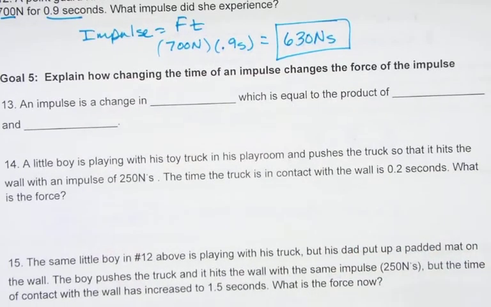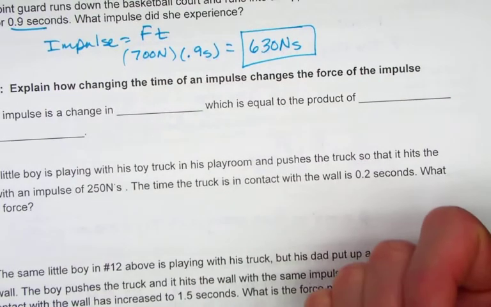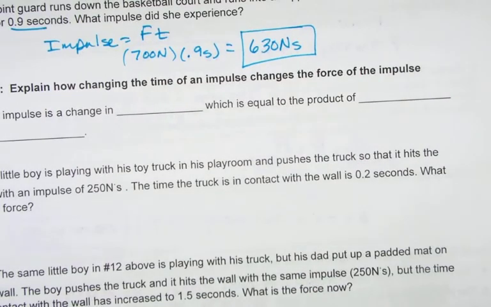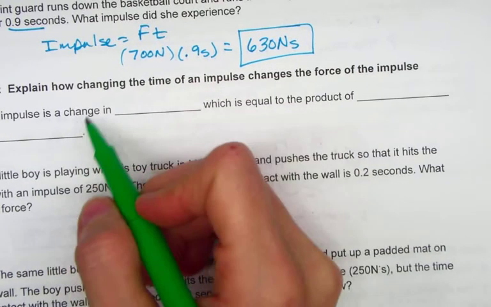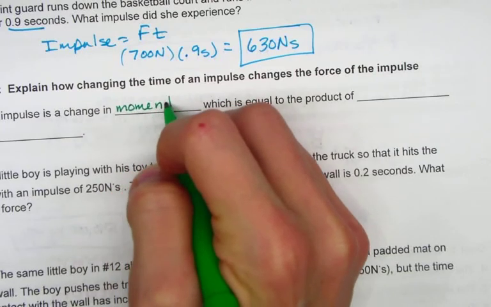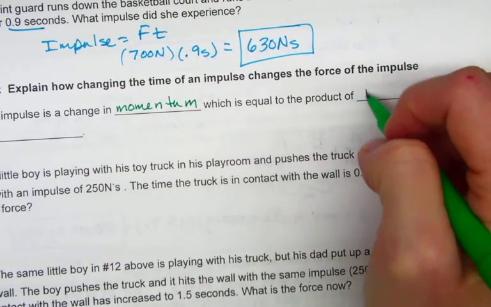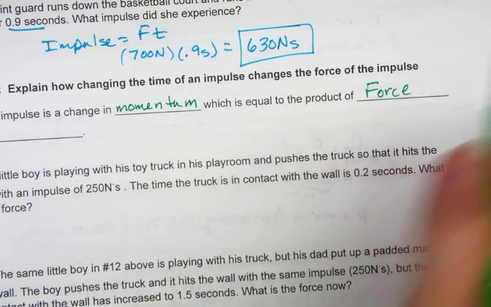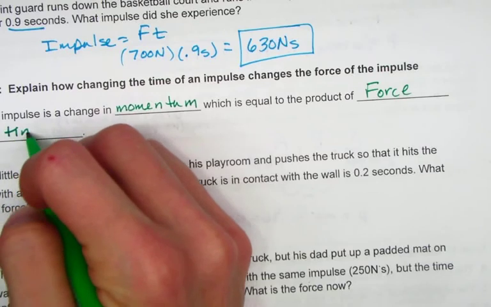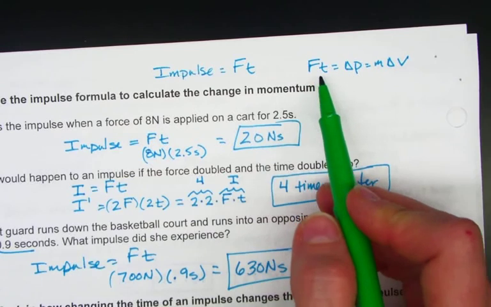For goal 5, we're going to be explaining how changing the time of the impulse changes the force of the impulse. Okay, so an impulse is really a change in momentum, which is equal to the product of force and time. So this is the equation I had put up here at the top, right?